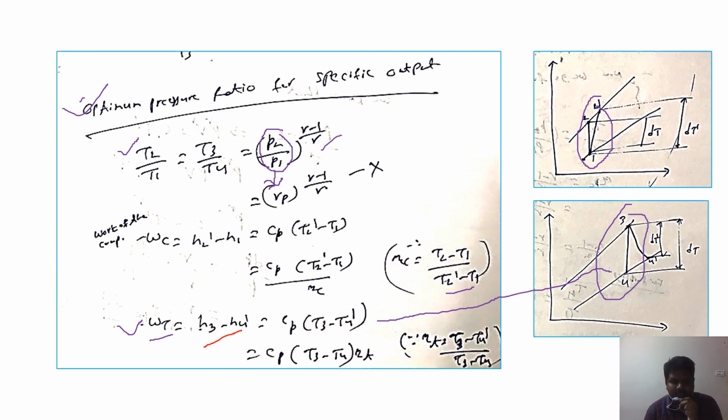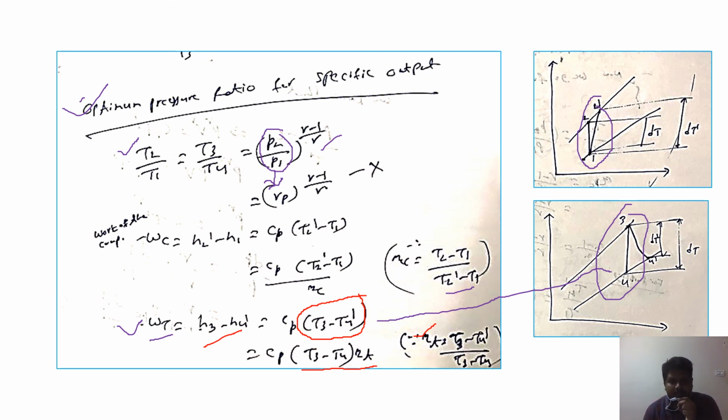This we can write it as Cp into, in the place of T3 minus T4 dash, we can write it as T3 minus T4 into efficiency of the turbine, because efficiency of the turbine equals to T3 minus T4 dash divided by T3 minus T4.